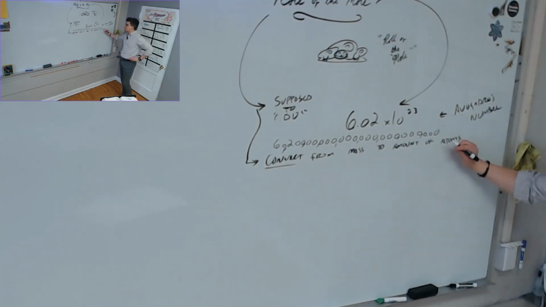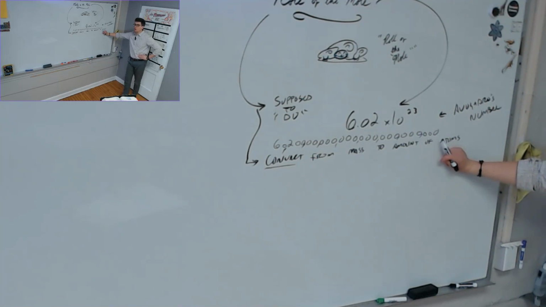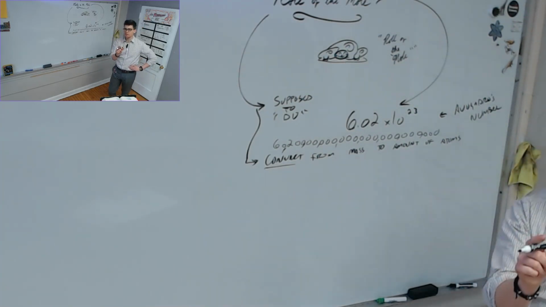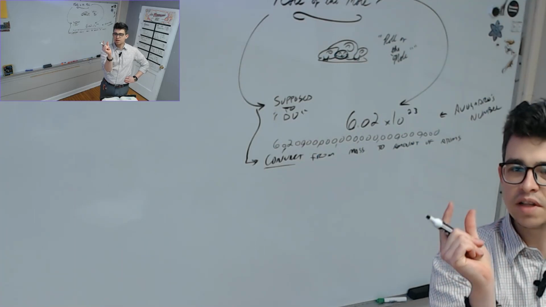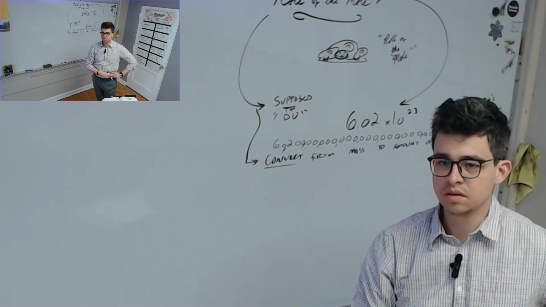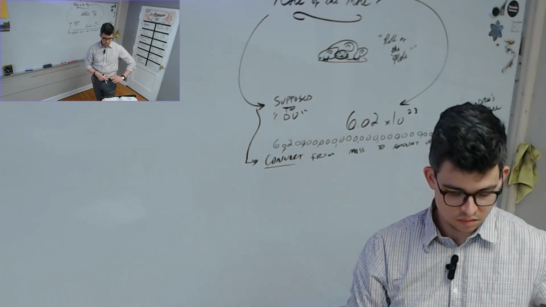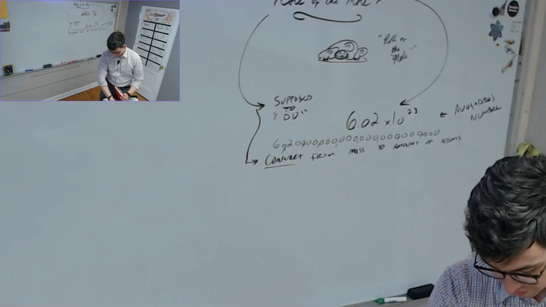Someone in their lab calculated that if you had a mole of Sour Patch Kids, about that size, how many light years would that be? Conveniently, I have your lab right here.